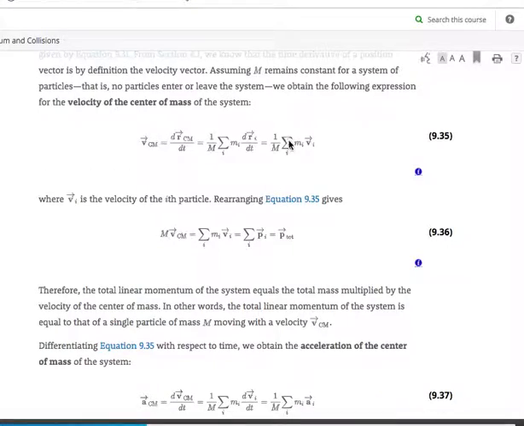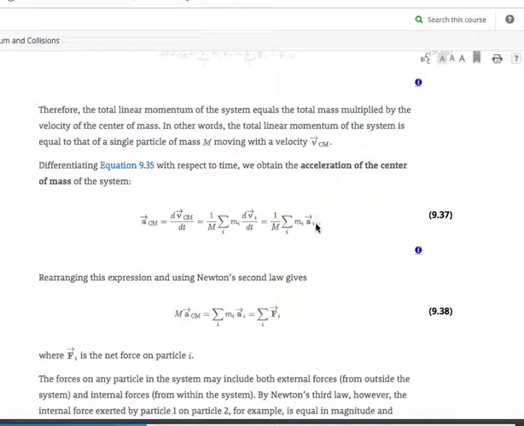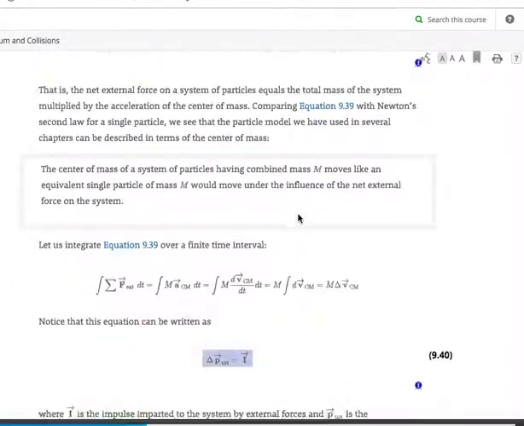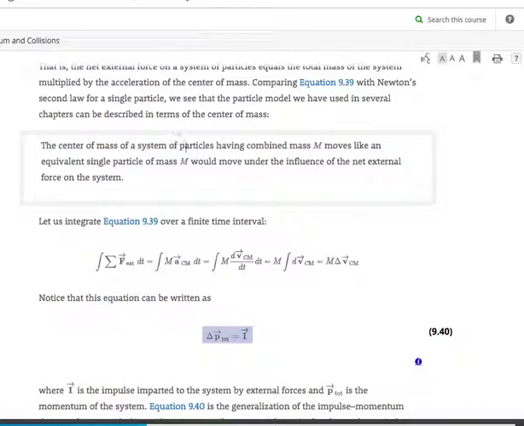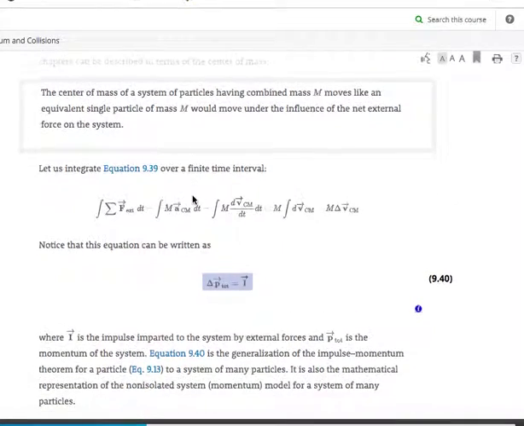Notice these equations are very similar to the center of mass formula, except now it's integral of v dm over total mass, and this is integral of a dm over total mass. Here we go. The center of mass of a system of particles having combined mass m moves like an equivalent single particle of mass m would move under the influence of a net external force.